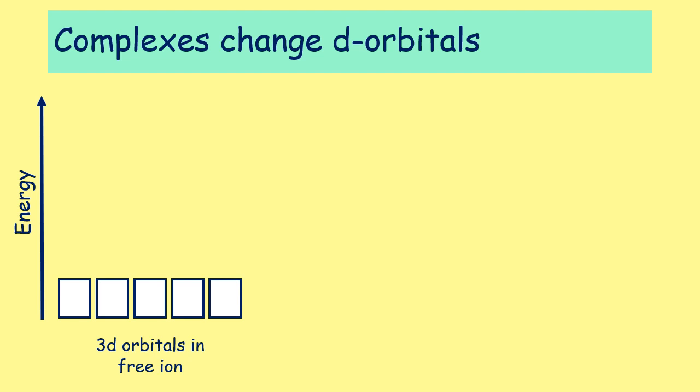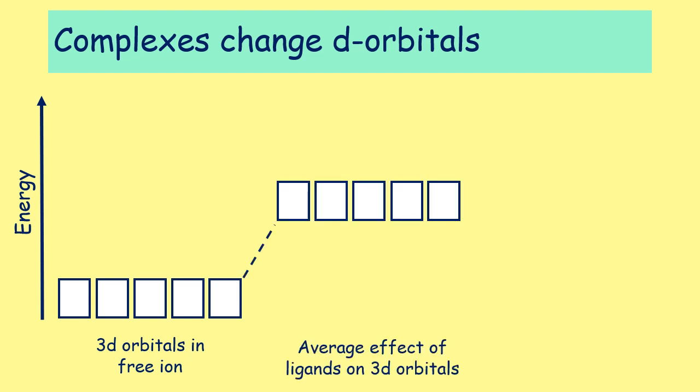As soon as you bond anything to another atom, because you're bringing electrons closer together, the energy increases. So the average effect of bringing a transition metal from being a free transition metal into a complex is to overall raise the energy of the orbitals.